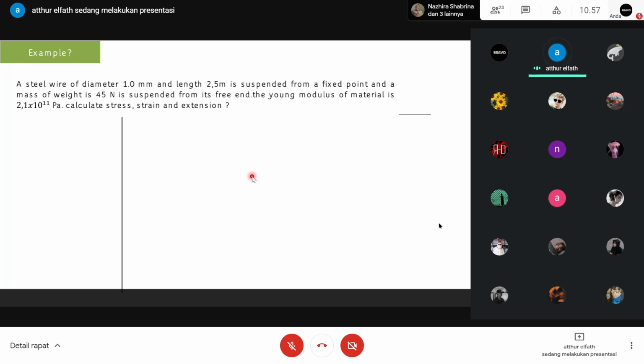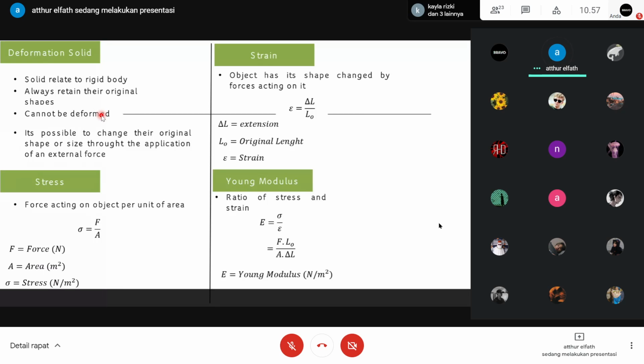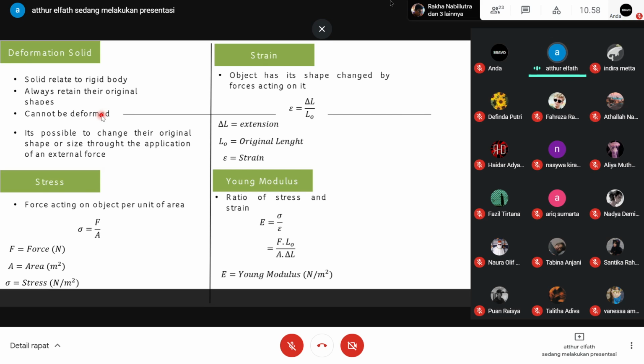How are you guys? Can anyone answer? By the way, how about the formula? Maybe you can write the formula first, and then I will move to the next slide in order to show you the questions.